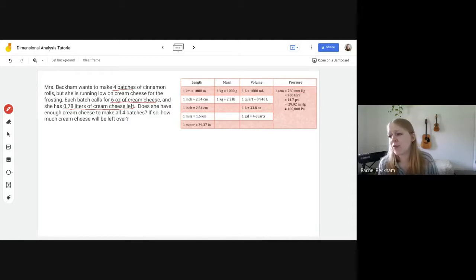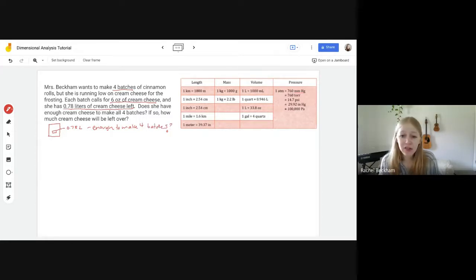Does she have enough cream cheese to make all 4 batches? So in her little refrigerator, she's got the cream cheese, and she's got 0.78 liters of it in her fridge. The question is, is that enough to make 4 batches?